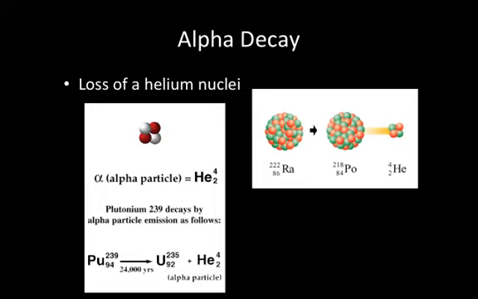So alpha decay is the release of a helium nucleus from the nucleus, involving 2 protons and 2 neutrons, 4 particles in all. You can see here how alpha decay works. We start off with an unstable nucleus, and it becomes more stable once it releases that alpha particle. All right, so that's alpha decay.